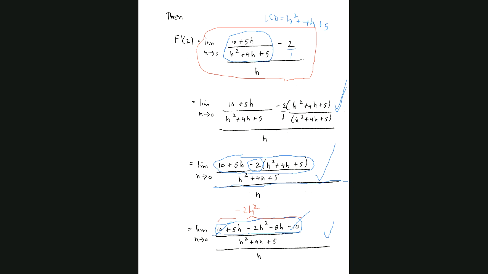Good, thank you everyone. Negative 2h squared minus 3h. That's right, minus 3h.